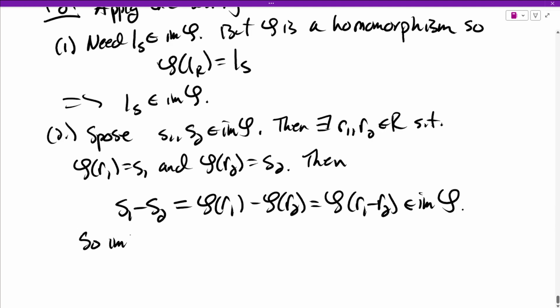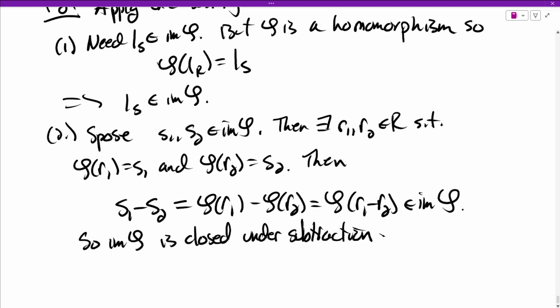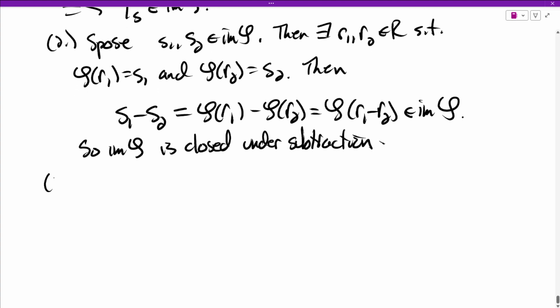So the image is closed under subtraction. And the very last thing we have to check is closure under multiplication. So again, suppose S1, S2, R1, R2 are as before, so I don't have to rewrite that out.